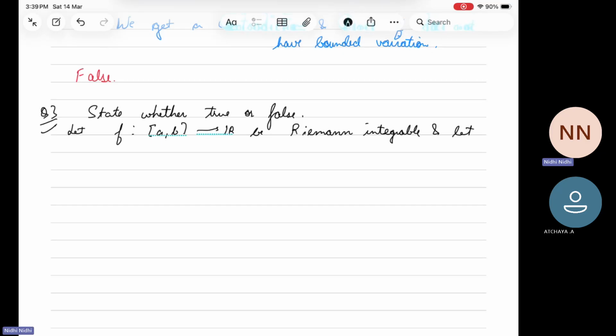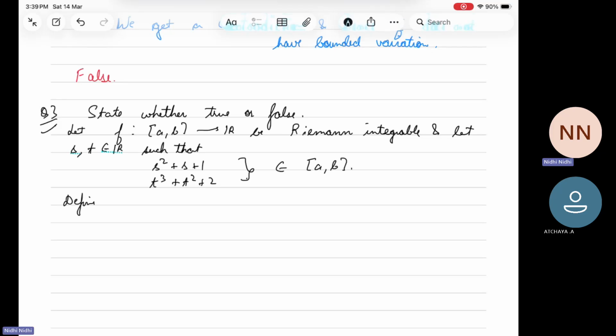and let s and t be some real numbers such that s squared plus s plus 1 and t cube plus t square plus 2, both these real numbers belong to this closed interval [a, b].